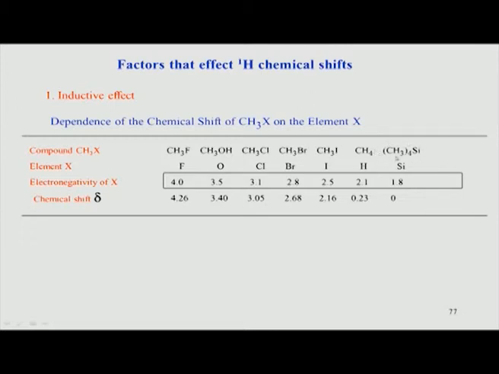We arbitrarily assign this as 0. You have to keep in mind that it is not that it does not have any chemical shift value. The hydrogen atom in tetramethylsilane definitely has a chemical shift value, but we put it as 0. When we put that as 0, that becomes our reference, and with respect to that all other chemical shifts are calculated.